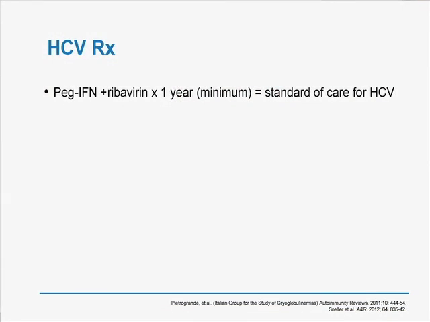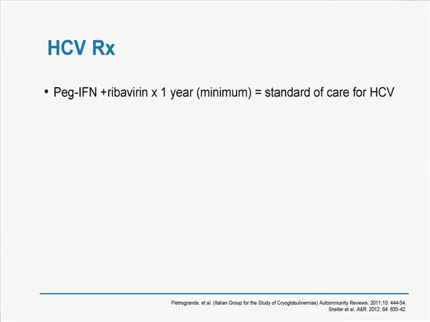So how would we treat it, even given the imperfections of treatment as it exists today? Well, pegylated interferon alpha is one of the foundations of treatment, hopefully soon to be replaced by other agents, plus ribavirin for a minimum of a year.